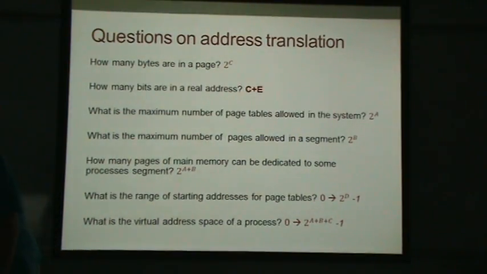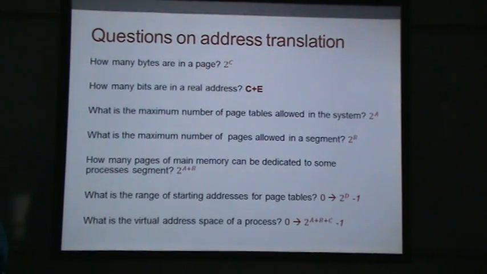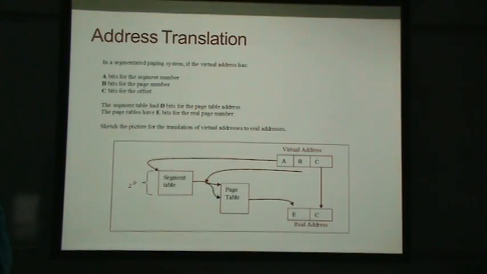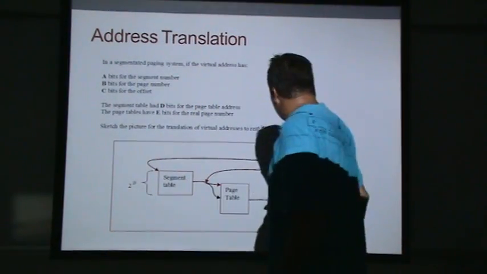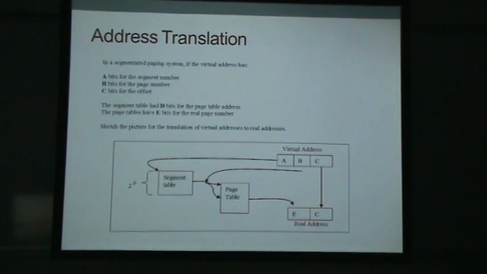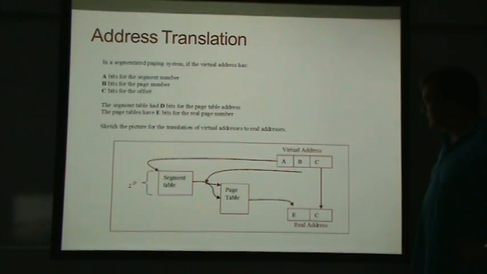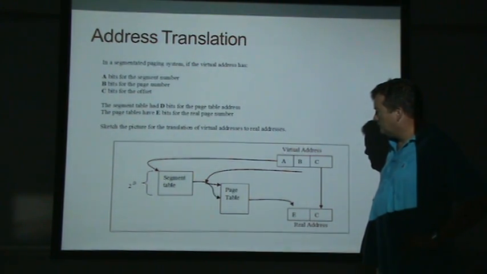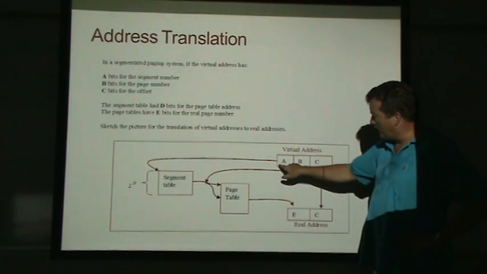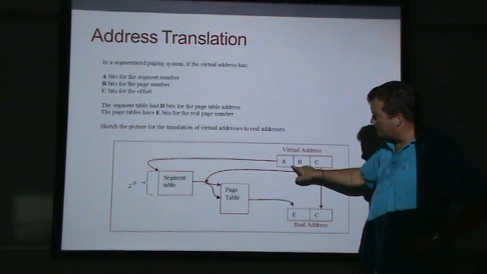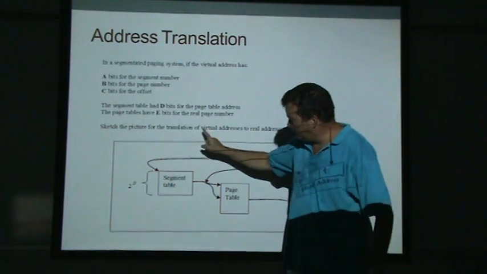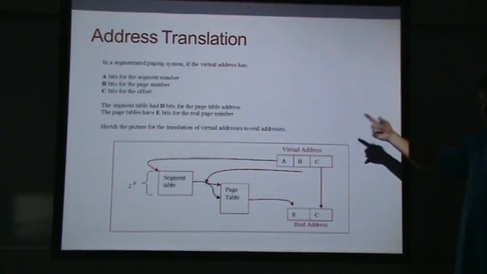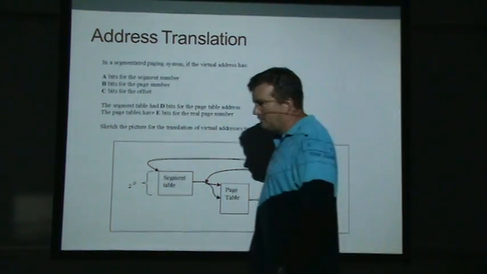What is the maximum number of pages allowed in the system? Actually, the question should have said the number of pages allowed for a particular segment. However many bits are for A, that would be the number of segments that we could go to, and each segment can have 1 page table.